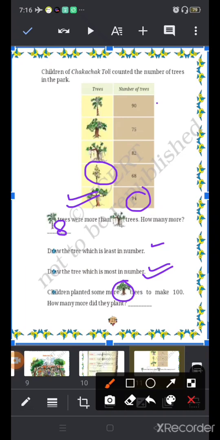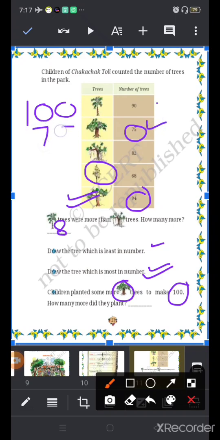You will subtract this number from 100. Okay. So here we'll write 100 and then we'll subtract which number? This number. What number is this? 75.